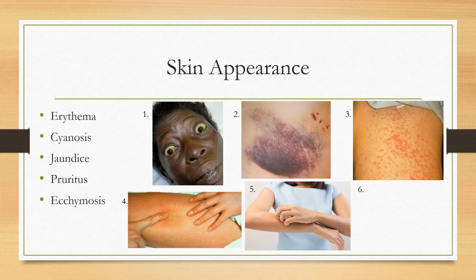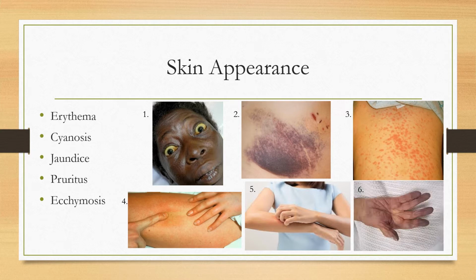Image number 4 is just showing you that as you rub across red inflamed tissue, to ask, is the blood in the tissue or is it in the blood vessel? Well, if it blanches and you're moving the blood away because it's in the blood vessel and it'll return, well, that's a blanchable rash.